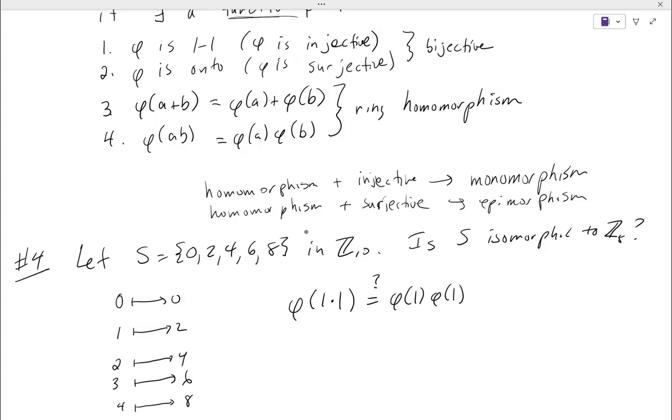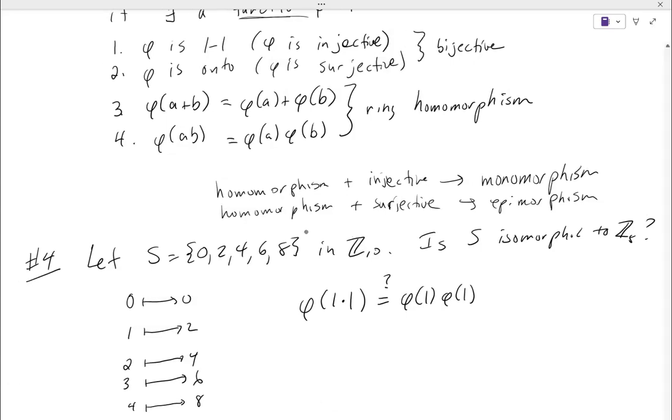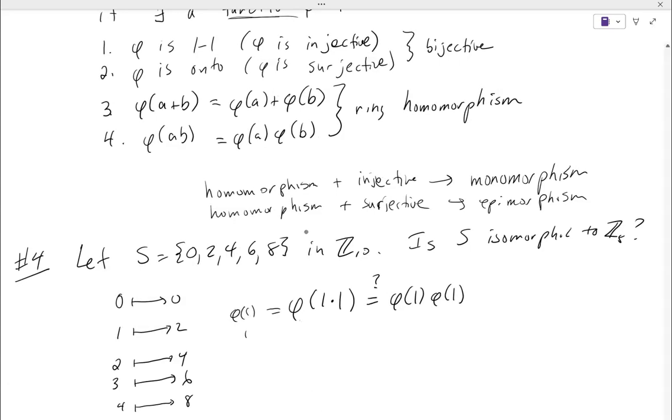In particular, if I do 1 times 1 and then map it, it has to be the same thing as mapping 1 and then mapping 1 and multiplying it together. But phi of 1 times 1 is just phi of 1, which would be 2, like Devin said. Phi of 1 times phi of 1 would be 2 times 2, which is 4. That's not the same thing, right? So that would not work.